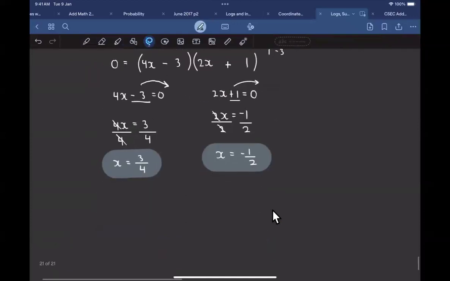Are both of them correct, Aliyah? Are both of these solutions correct? The first one is correct. How about the second one?